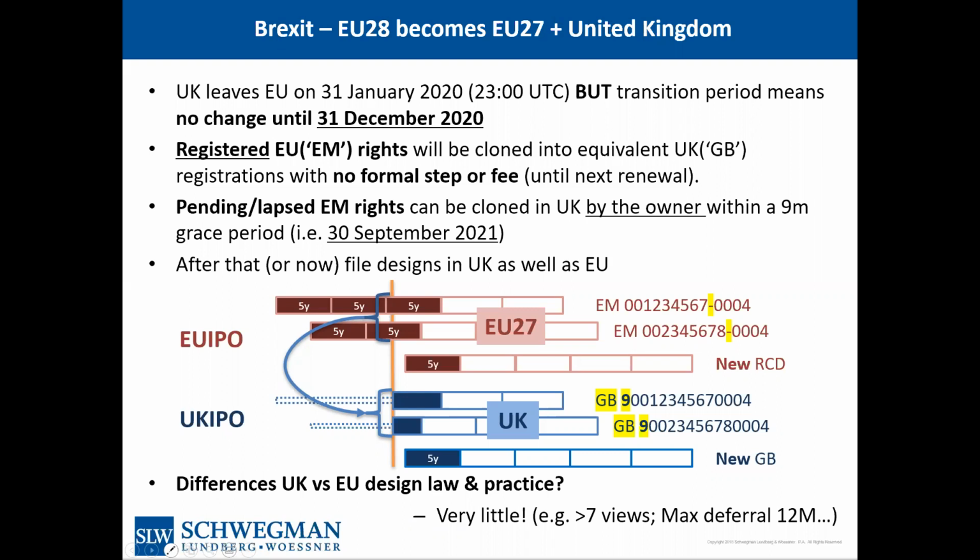What was 28 countries in the EU becomes 27 countries in the EU plus the United Kingdom outside the EU. And ultimately, that means the United Kingdom will be outside the registered community design system. But the transition period under the withdrawal agreement means that there will be no change in practice until the end of this year, 31st December 2020.